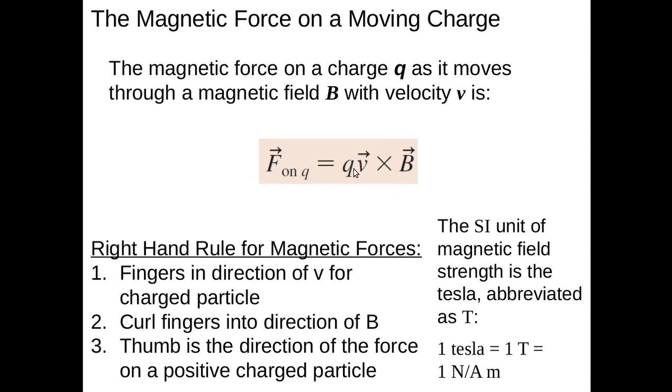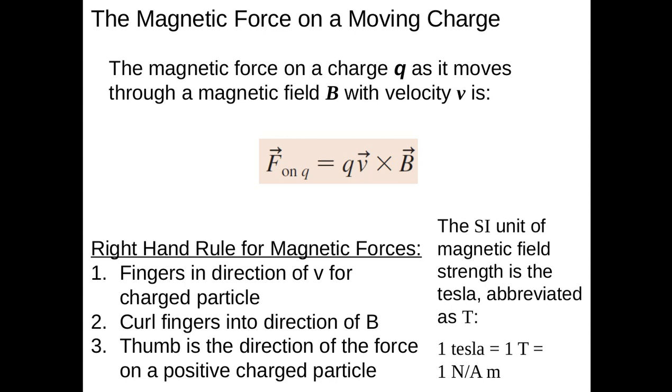So our formula for the magnetic force on a moving charge is the cross product of the velocity vector with the magnetic field vector. So order matters here, just like I talked about earlier, where it's not commutative. It's a cross product between the velocity vector and the magnetic field vector.